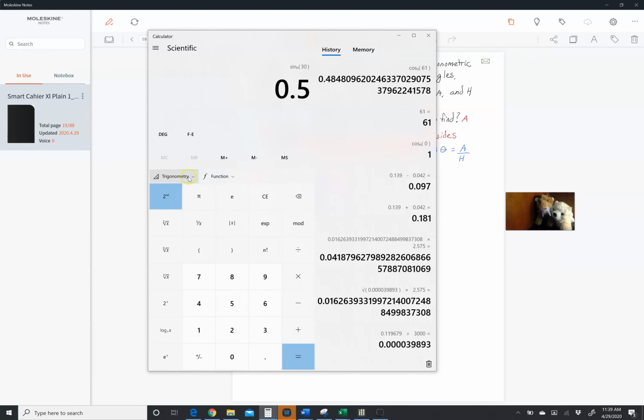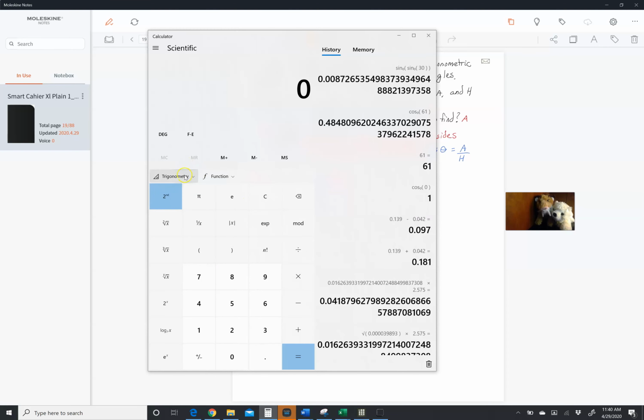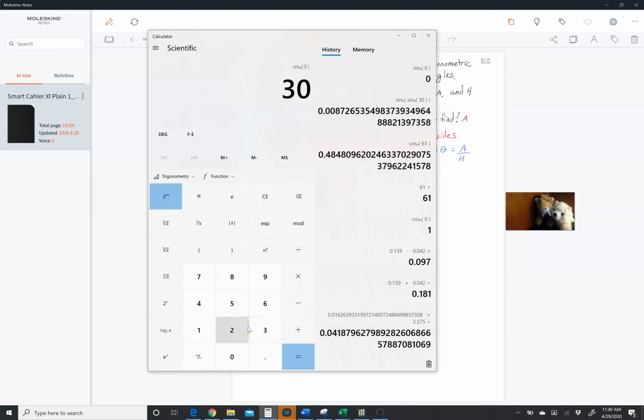So if I try doing sine of 30, where I do the sine first and then I type in the 30, I get 0. I don't get 1/2, okay? So for this calculator that I'm using, I have to type in the angle first, and then I have to type in the trig function, okay?